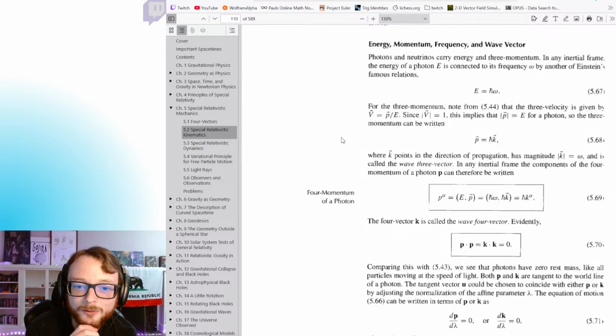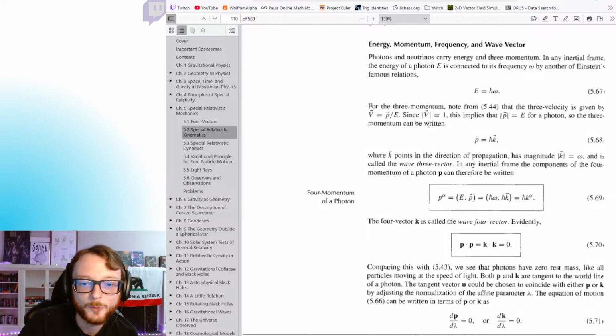V equals P over E. Since the magnitude of the 3-vector V is 1, I just realized that's basically saying the speed of light.